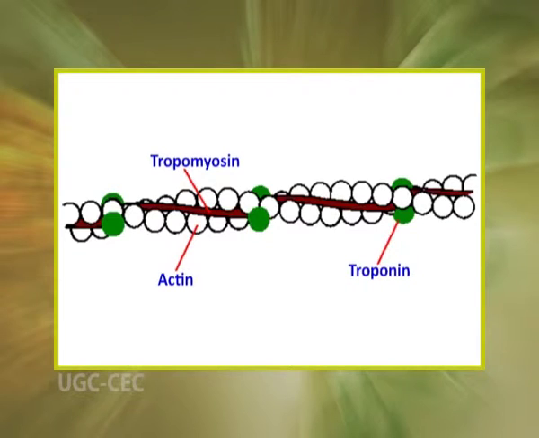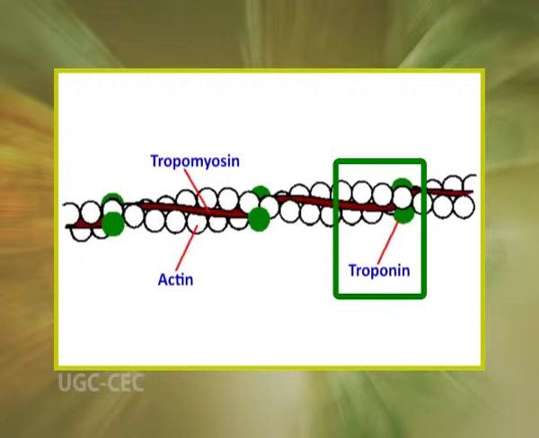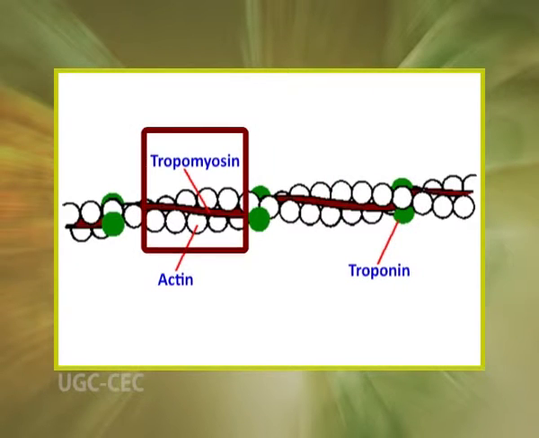Along the actin are myosin binding sites where myosin can form chemical bonds with actin. Two proteins are also associated with the strands of actin. These are globular troponin and two strands of tropomyosin.